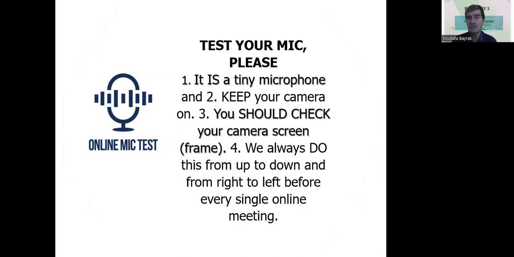Three, you should check your camera screen. Should, modal. Or you should check your camera frame. And with present tense, action word: we always do this from up to down and from right to left before every single online meeting. This is the core of starting English learning.